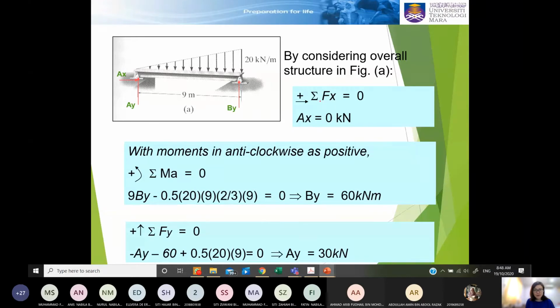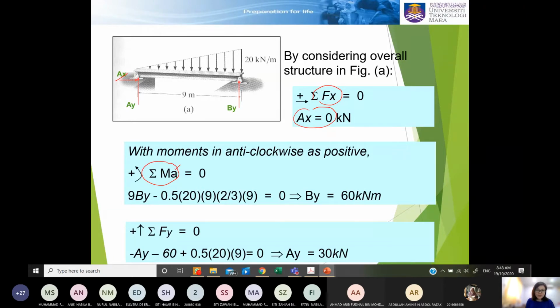I start with summation Fx equal to 0, so Ax is equal to 0, because there is no other horizontal force except Ax. Then you can take a summation of moments. Choose A equal to 0 because you want to eliminate most of the unknowns. Ax and Ay are unknown forces, but Ax you already know. So you can start with summation MB equal to 0.